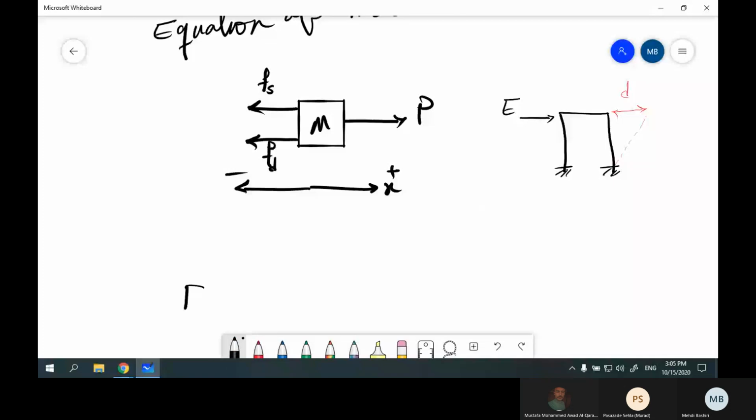P is equal to Fs plus Fd. Okay, we have another force Fi, inertia, because of this one. What does it mean? That means when you move this mass, we have ground and ground acceleration.